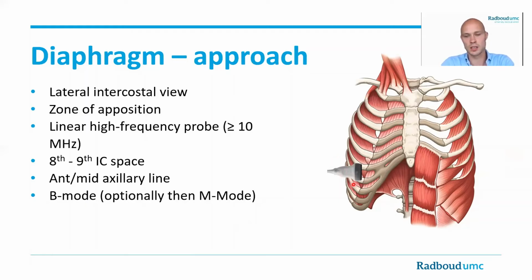And we always start at the 8th or 9th intercostal space to look for the diaphragm, but you may change this, for example, if it's a difficult view. And typically you start in the anterior mid-axillary line and you scan in B mode, and you can switch to M mode. I will demonstrate this.